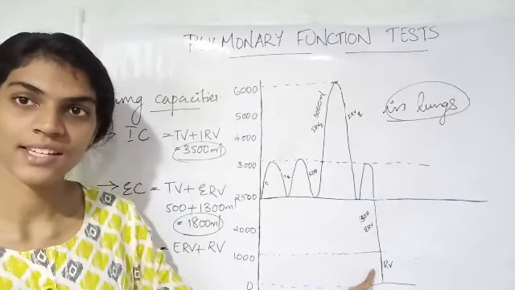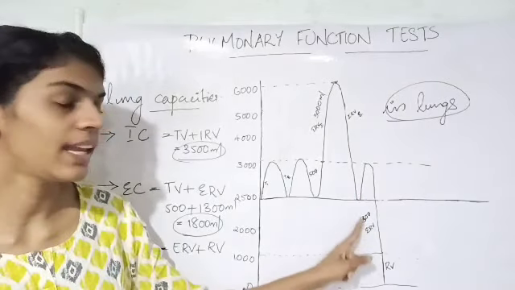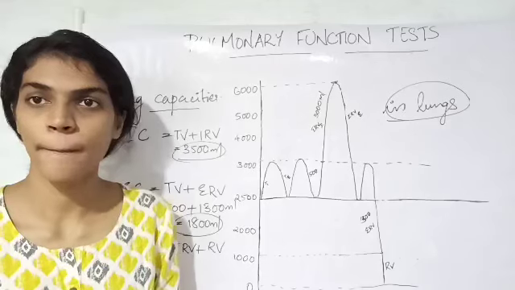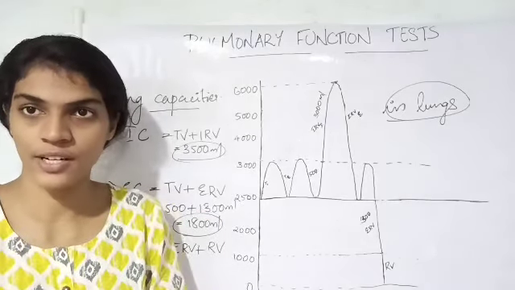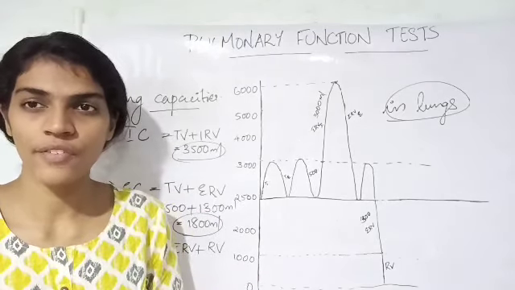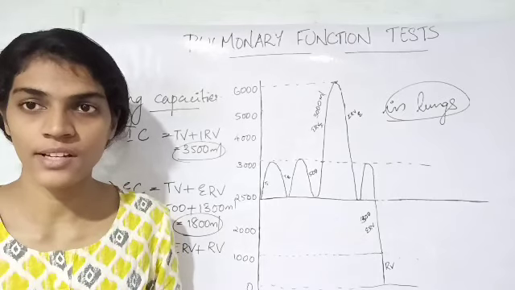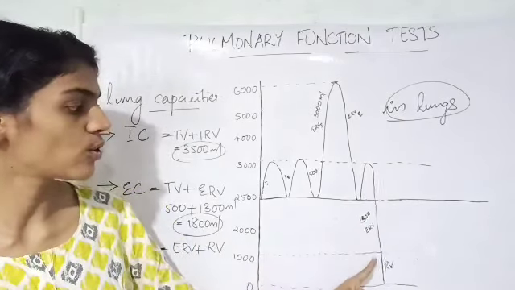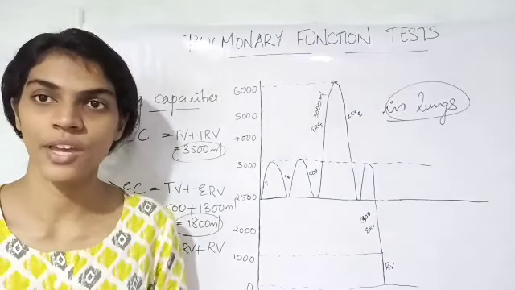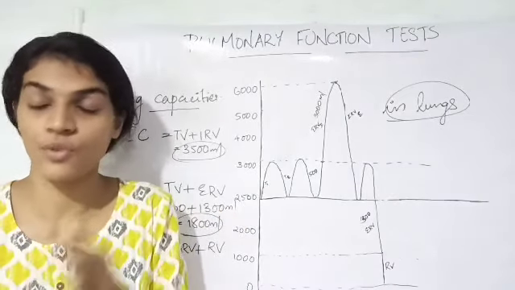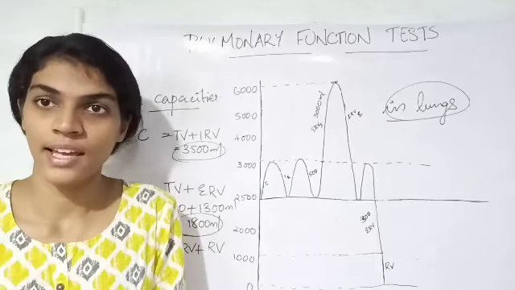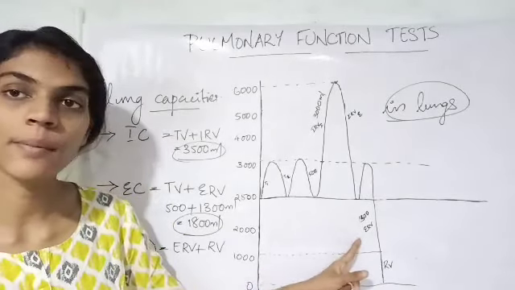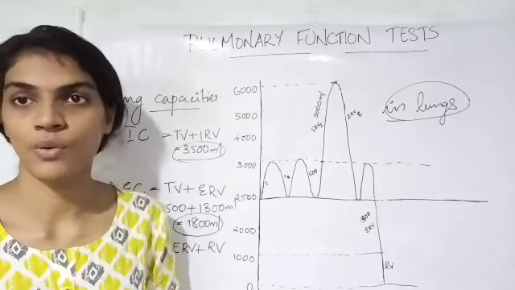Along with that, it also contains air that is going to be expired. So during a forceful expiration, the air within the lungs is the expiratory reserve volume and residual volume.